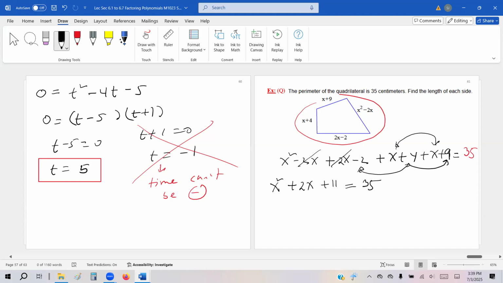You did great so far. How about next? We want to see 0, so we have to subtract 35. So we have x squared plus 2x plus 11 minus 35, which is minus 24.